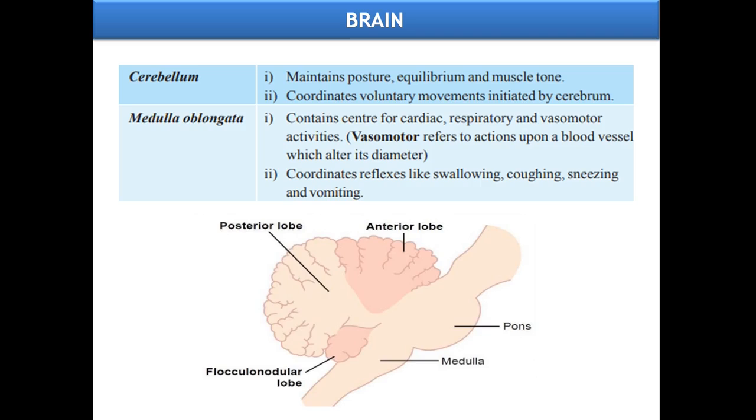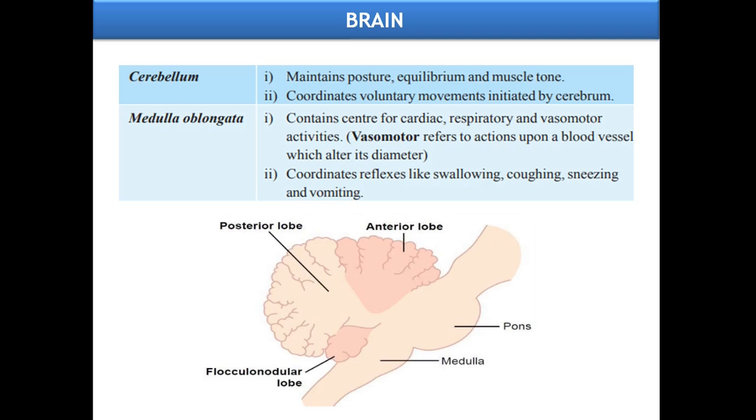And coming to the medulla oblongata, it is almost triangular in shape. The medulla oblongata extends from the pons to the spinal cord. The functions are that it is the center for cardiac, respiratory and vasomotor activities.